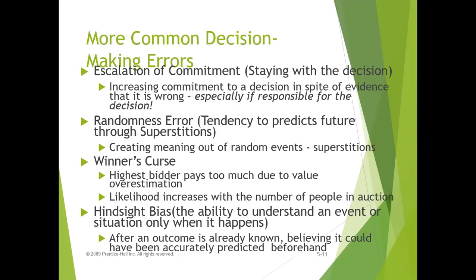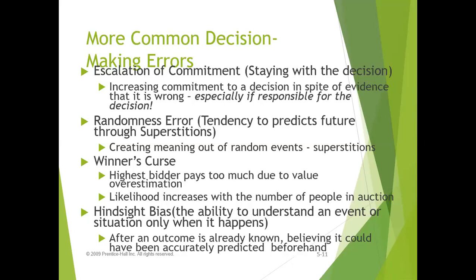Randomness error is the tendency to predict futures through superstitions. Randomness error is when you choose a lucky number: that is my lucky number, that is why I am choosing this particular number, or a particular name, or a particular day.